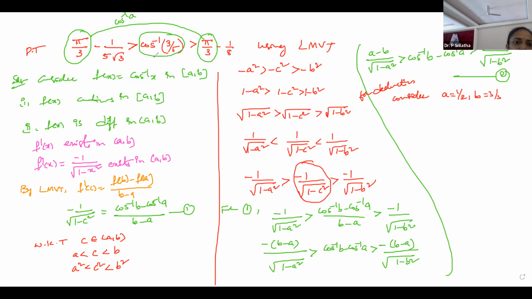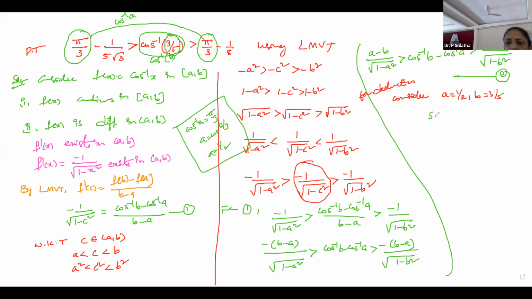The middle value is cos inverse b, so the middle value is always the b value, that is 3 by 5, and the similar value on both sides is cos inverse a. So cos inverse a equal to pi by 3, a equal to cos pi by 3. Cos pi by 3 is 1 by 2.